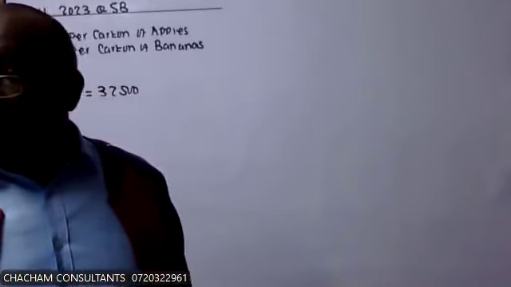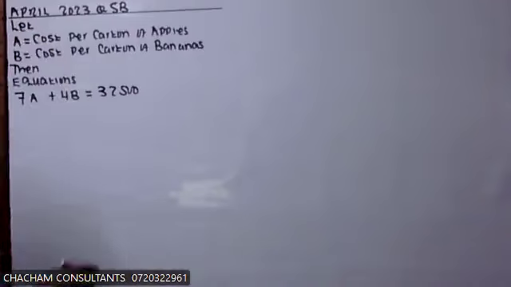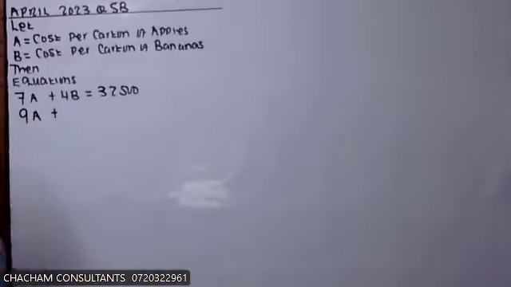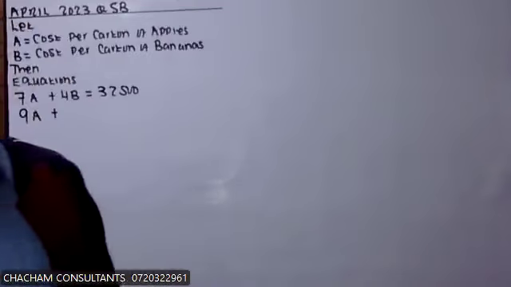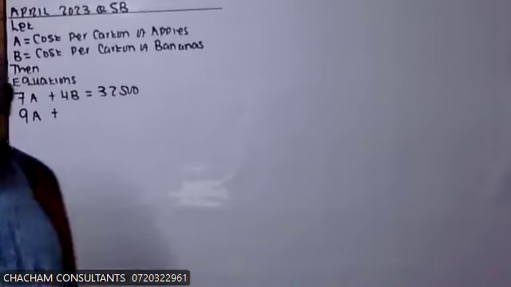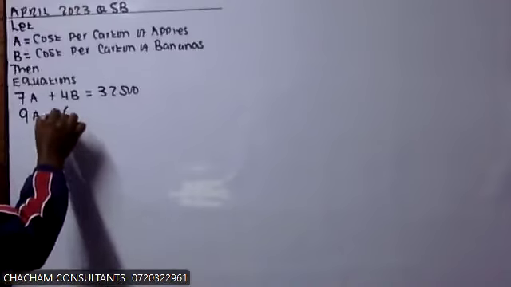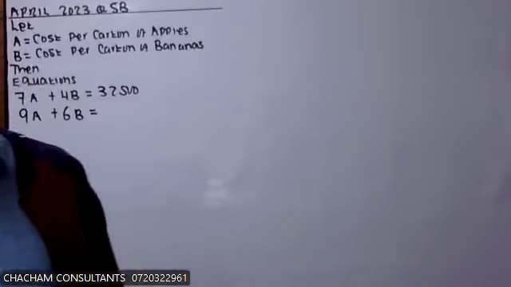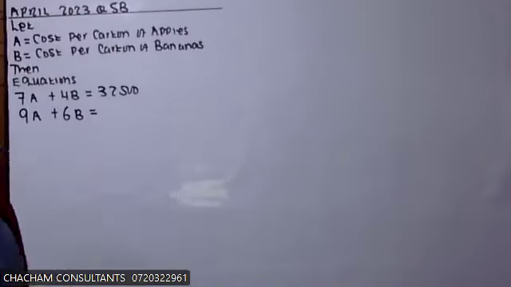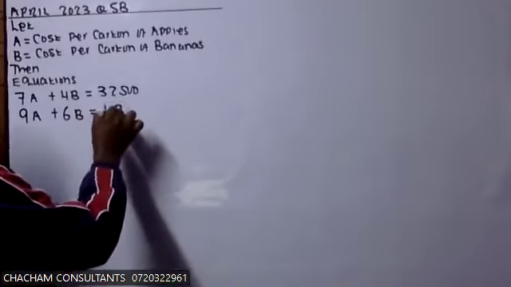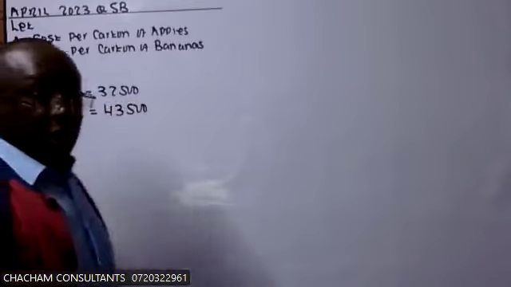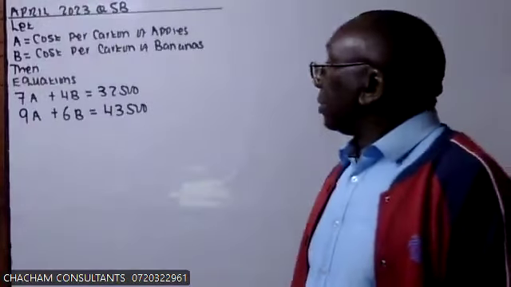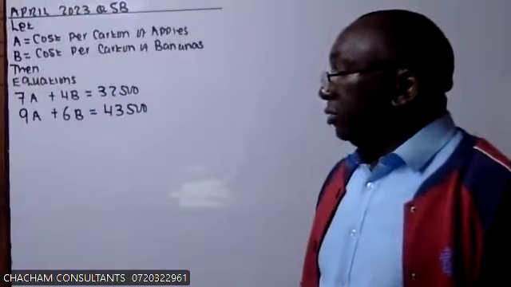In February, he purchased 9 cartons of apples. So 9A plus 6 of bananas. So 6B. At a total cost of 43,500. So that is how you create the equations.